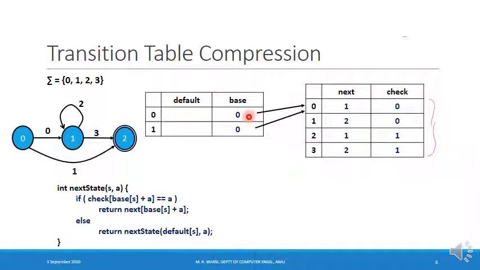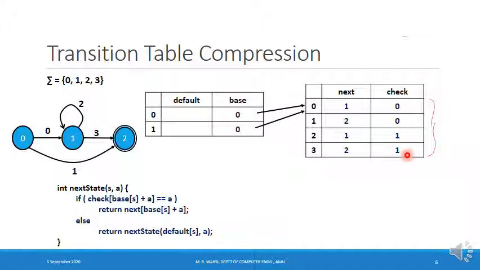Since in the finite automaton I have transitions specified from 0 on 0 and 1, but I do not have any transition specified from 0 on 2 and 3, these two entries which correspond to transitions from 0 on 2 and 3, I am using for state number 1.